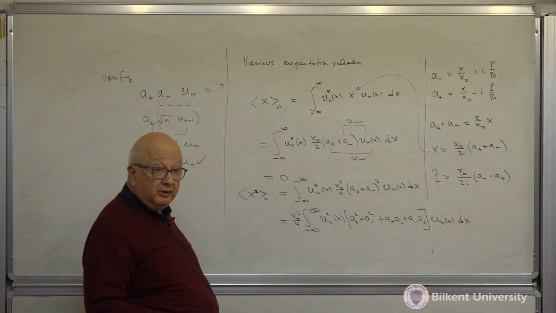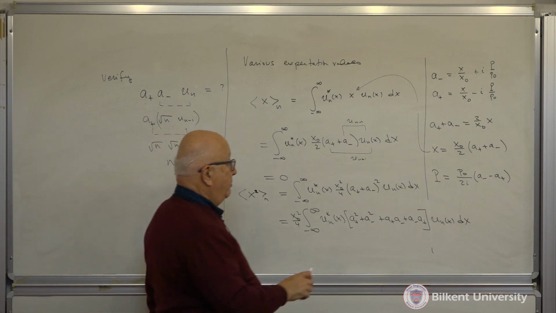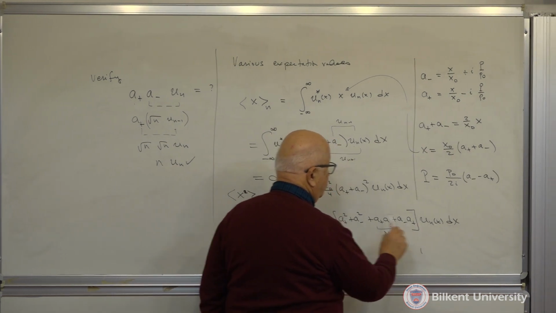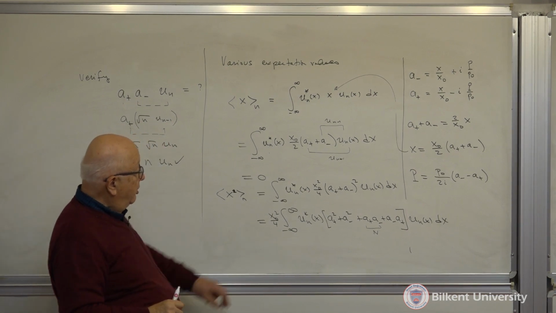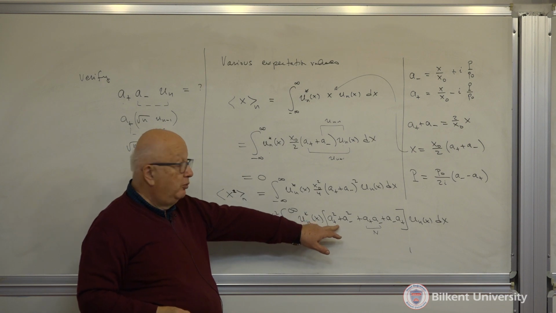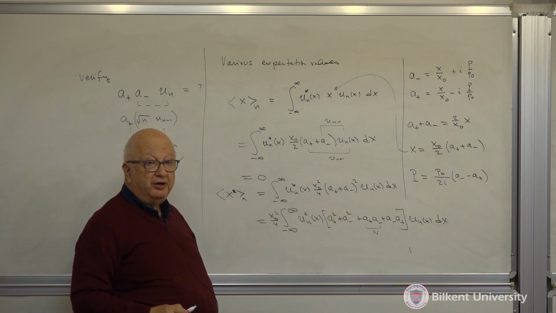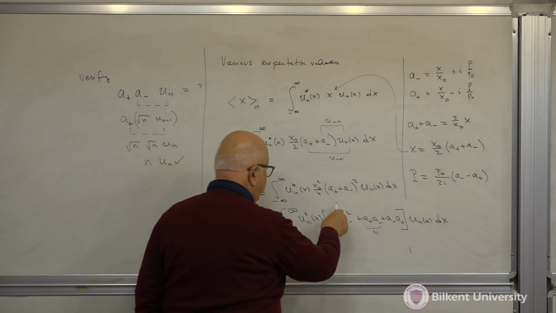These are number operators, right? A plus a minus is the number operator. This is in the wrong direction, so we have to correct that. What about the a plus squared term? What will that give me? A plus 2, un plus 2, so the integral will be 0. So this is not going to give me anything.